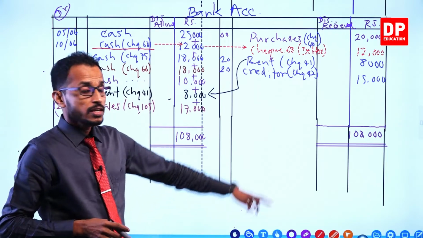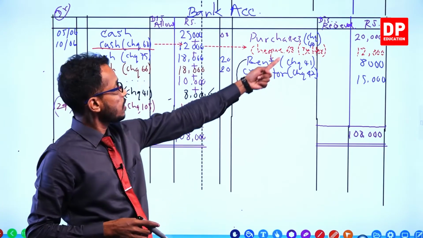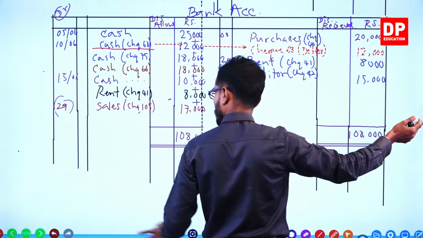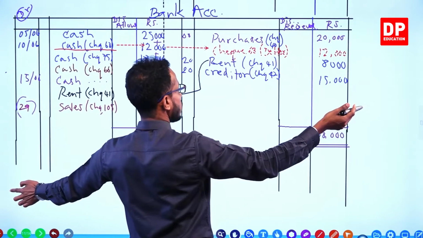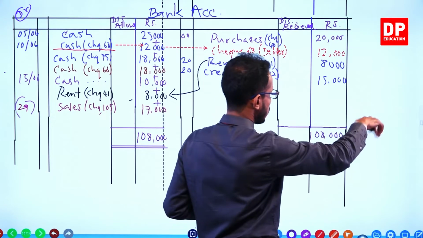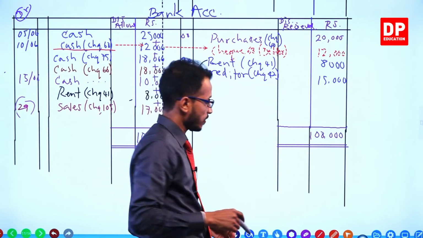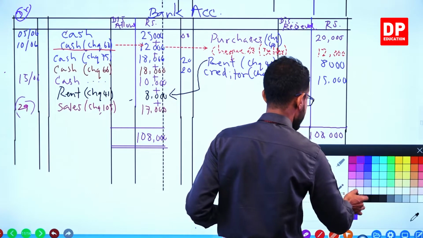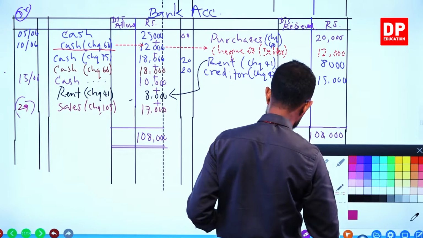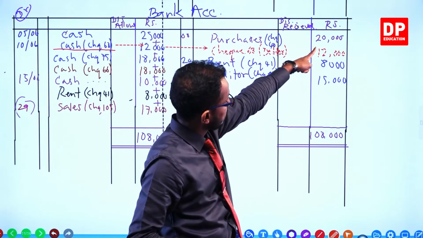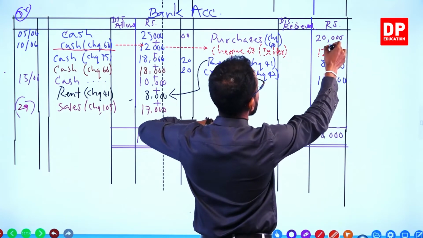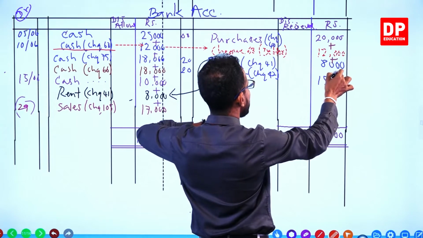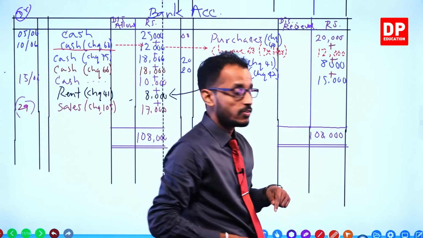Now what you do is you take the credit column total, write it on a rough paper or somewhere you have space to do a working. Let's take the credit side total. 20 plus 12, 32 plus 8, 40 plus 15, 55.